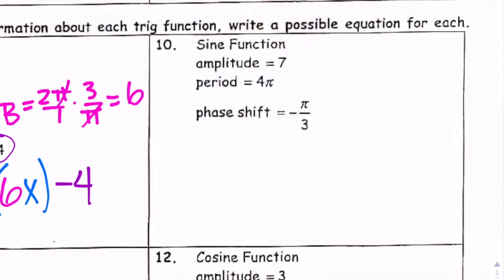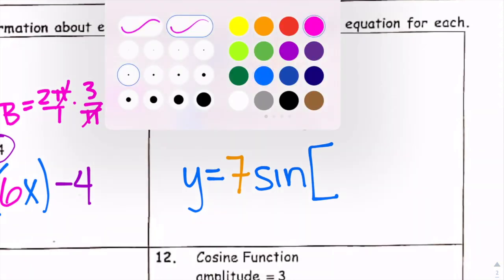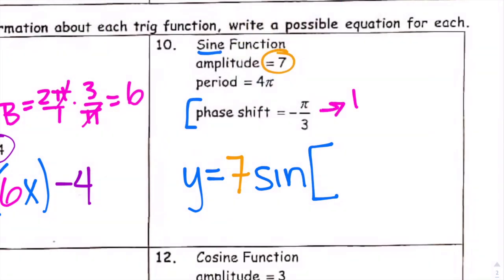So here we have y equals, and then we have an amplitude of 7. We're using a sine function. We have a phase shift here, so we're actually going to use brackets. And then we still need to find that b value. So b is equal to 2 pi over 1. Oh, I'm using the wrong thing, sorry.